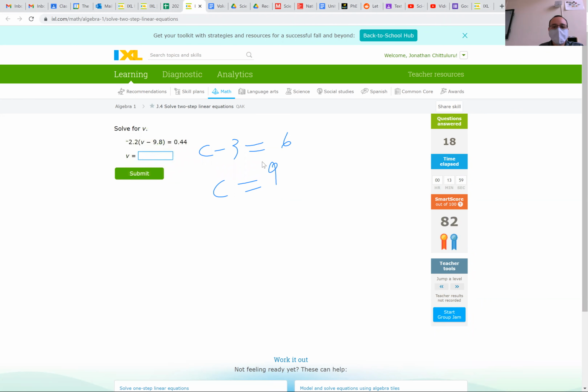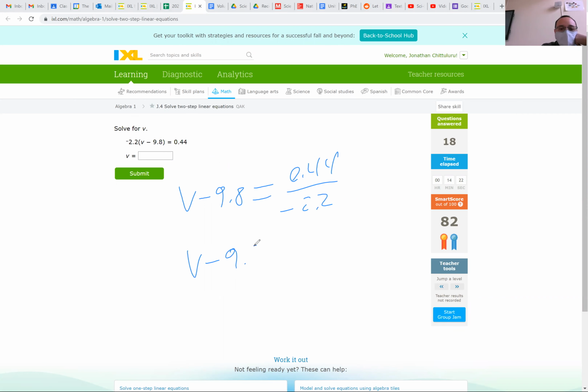All right, so now we'll clear this up. -2.2 times V minus 9.8 equals 0.44. Okay, we're going to divide both sides by -2.2 to start. So V minus 9.8 equals 0.44 divided by -2.2. So that would be -0.2.